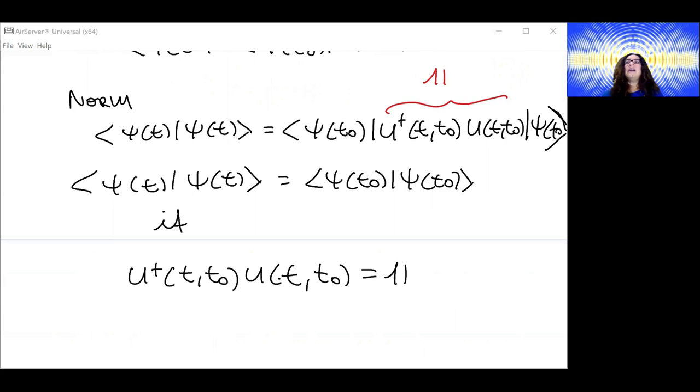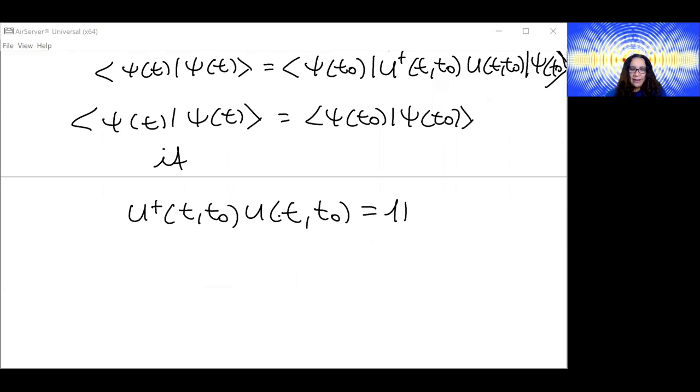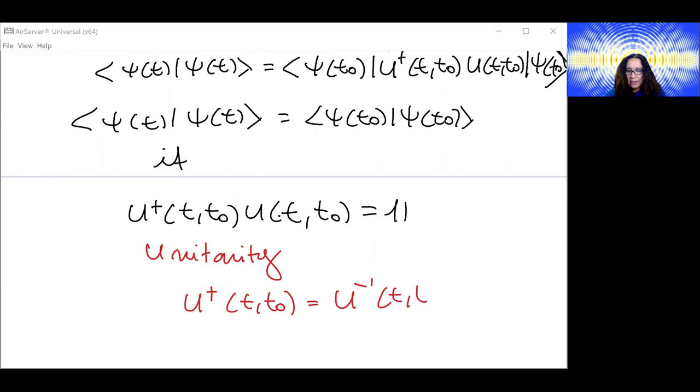Otherwise it would change. And this condition is in fact the condition of unitarity. So this is telling me that U dagger(t, t0) is equal to U minus 1(t, t0).